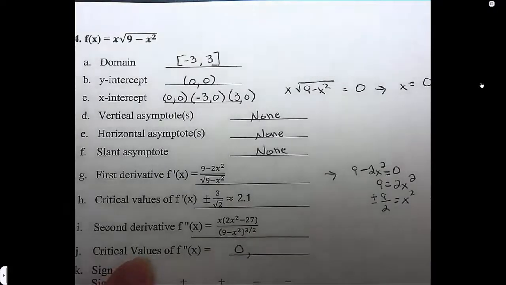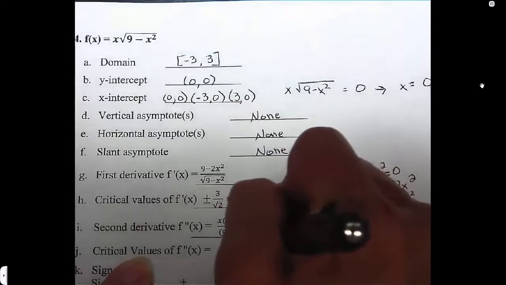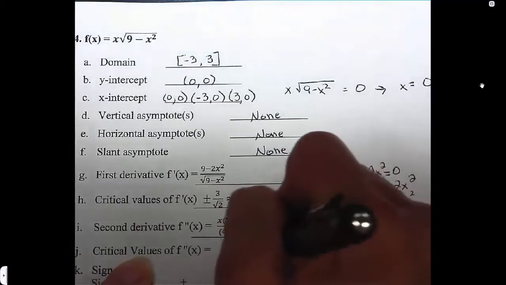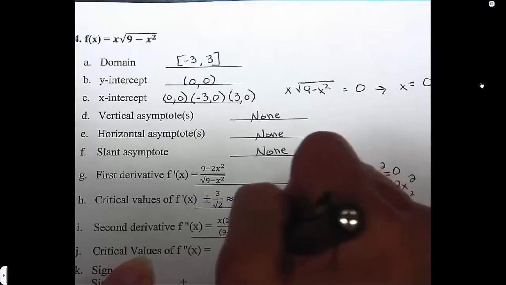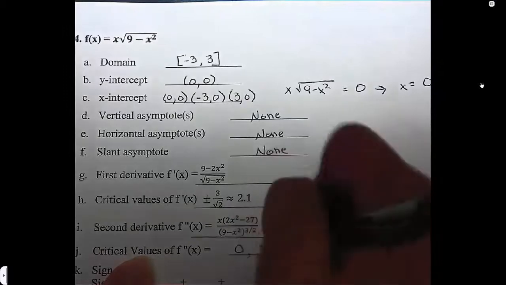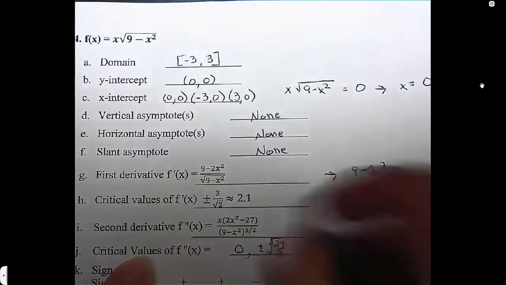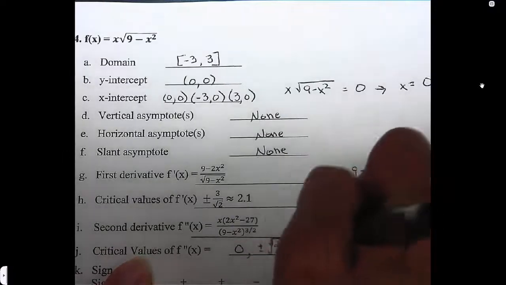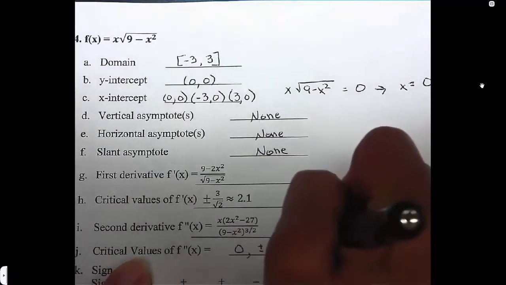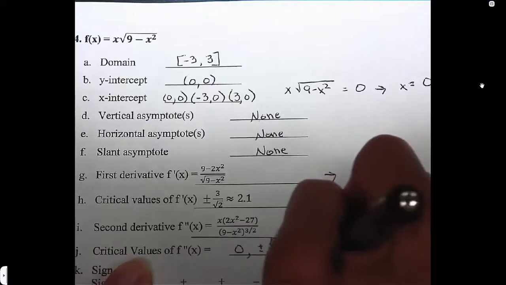Plus or minus square root of 27 halves. And if you wrote that 27 as 9 times 3, you could take the square root of the 9, just leave the 3 under the radical, and you'd still have a 2 under the radical in the denominator.